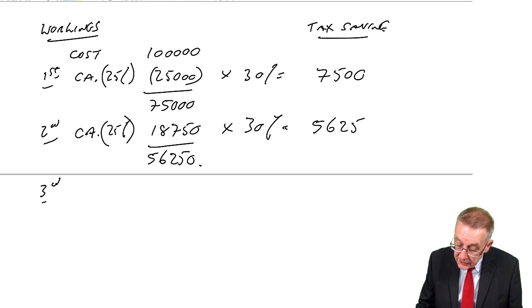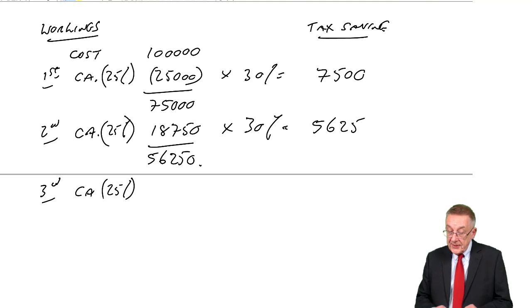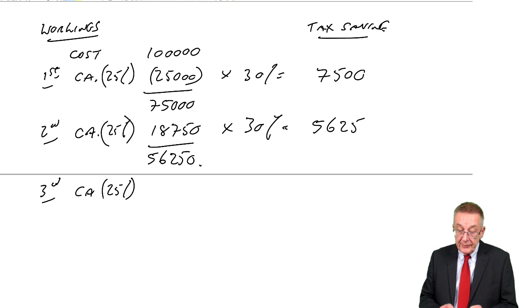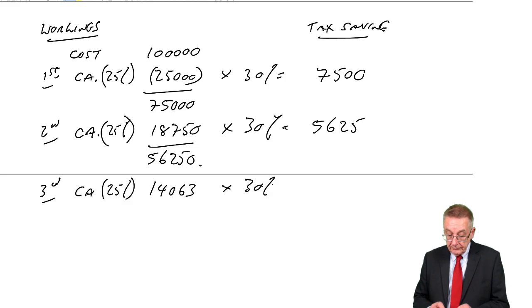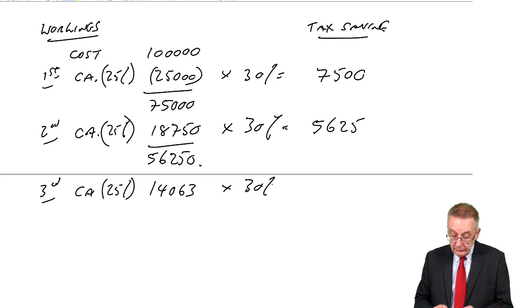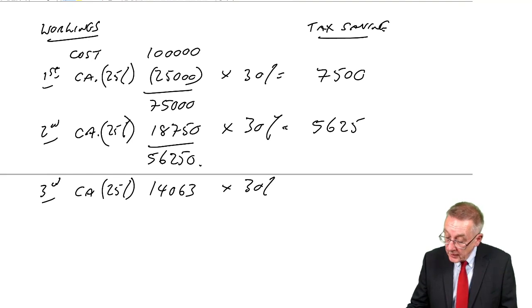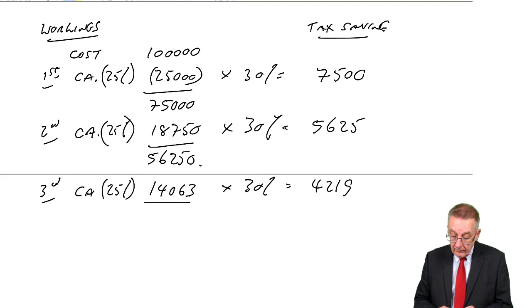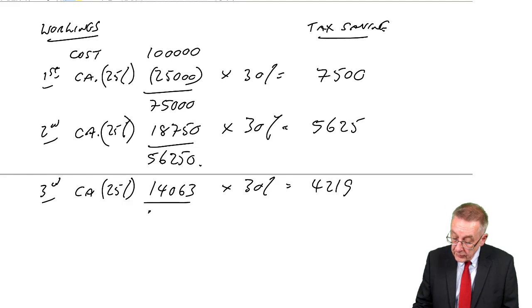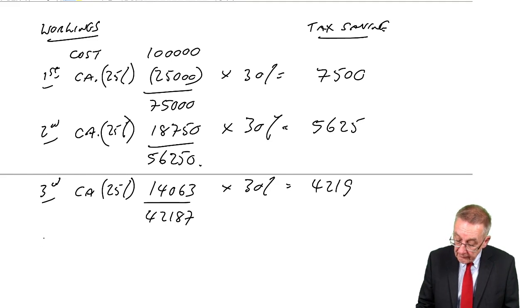So let's carry on, the 3rd year. 25% of 56,250, 14,063, and so the saving 4,219, and the tax written down value is now 42,187.